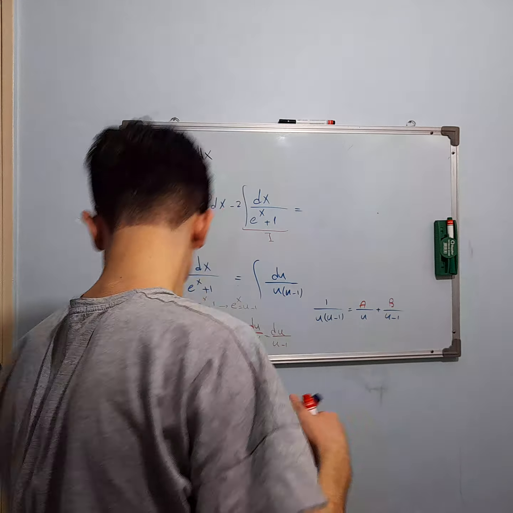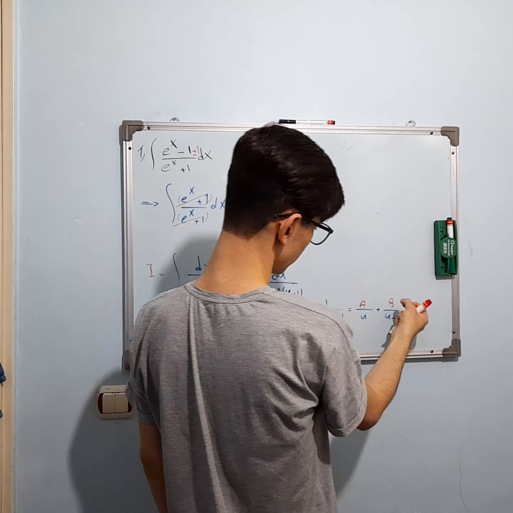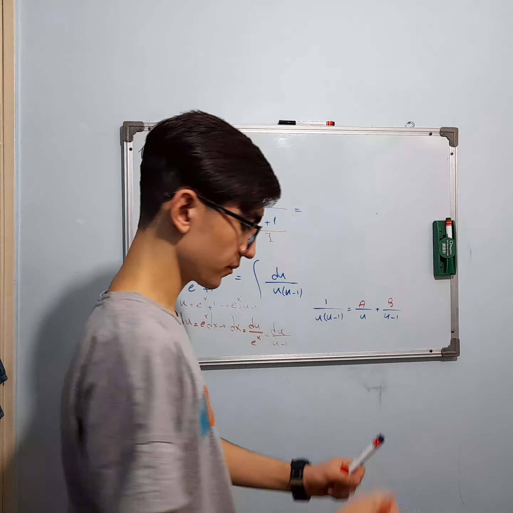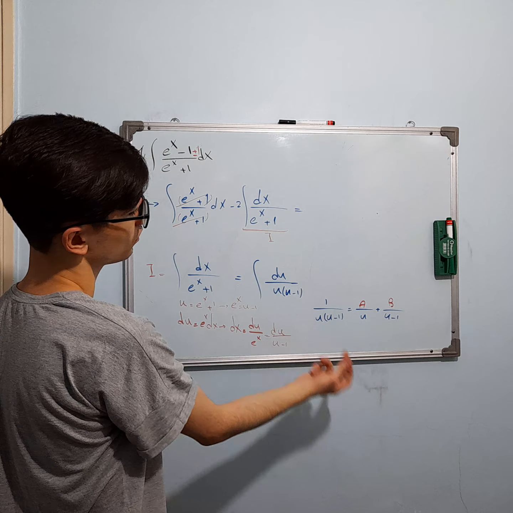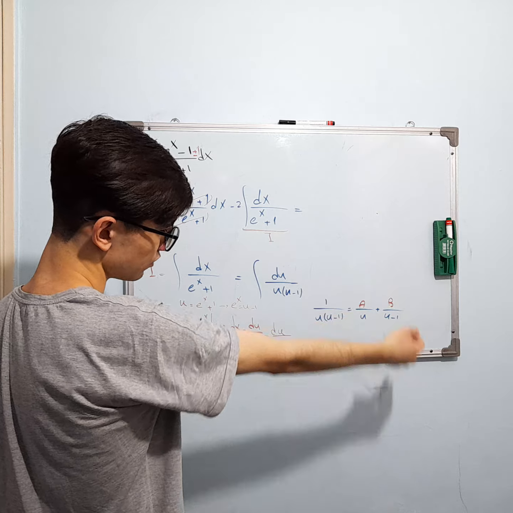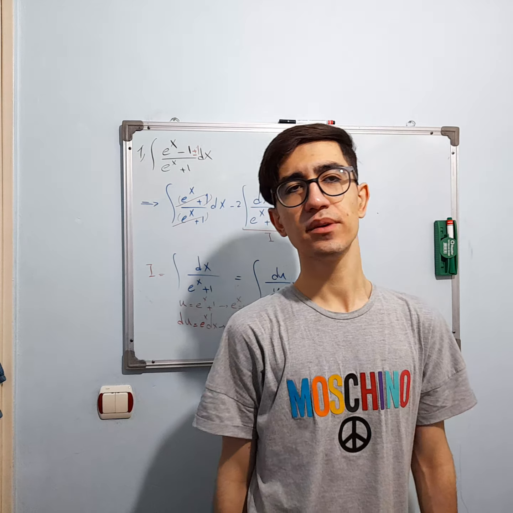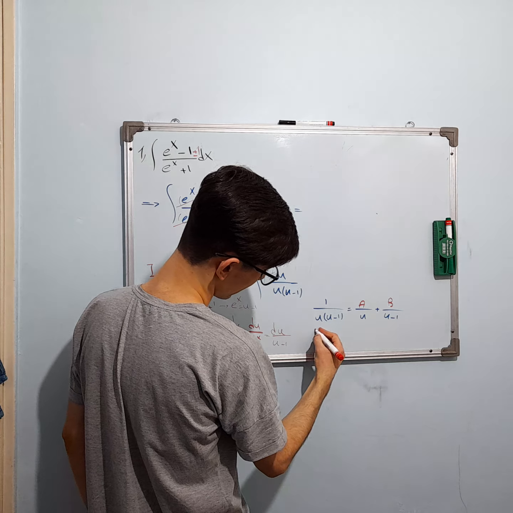Okay, no problem with that. And we have to find what a and b are. There are several ways. You put two numbers here, you get two equations, and you find a and b. But there's another way to find a.